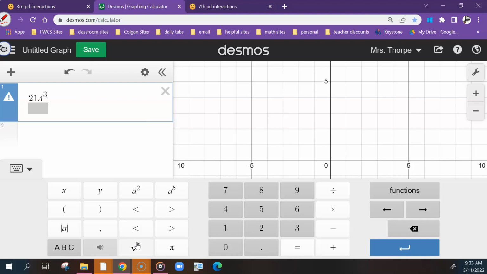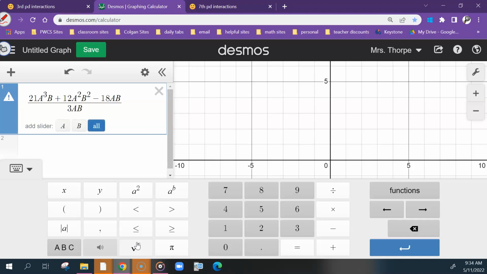And you will have a keyboard, so you won't have to rely on this. You could just type it. E to the disk plus 12a squared b squared minus 18ab over 3ab. So I put everything in caps.